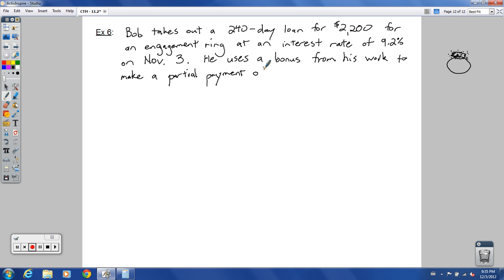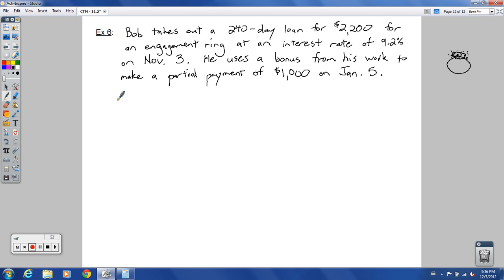So he got a pretty nice bonus check over the holiday season there from his work on, we're saying January 5. So he cashed that check, bonus check. He paid off some of that debt that he had incurred.